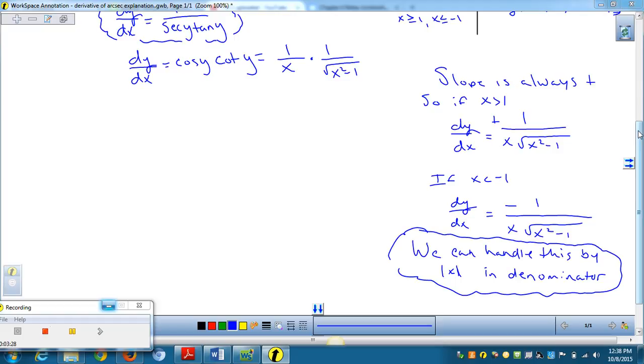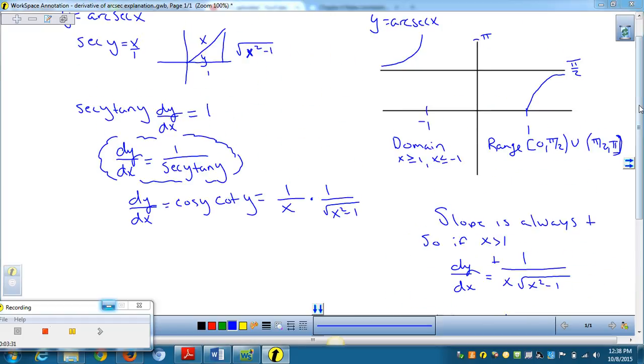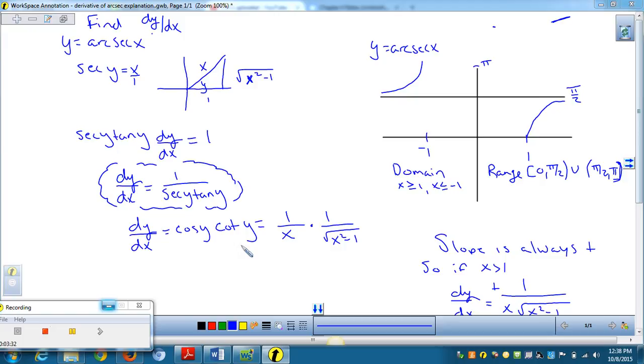This same explanation, or very similar explanation, works for arc cosecant. So that's how we end up with dy dx equals 1 over the absolute value of x times the square root of x squared minus 1.